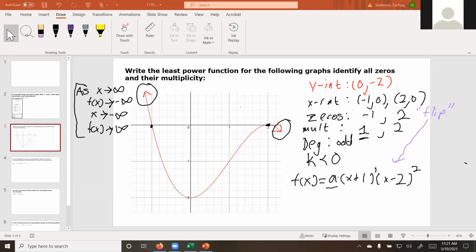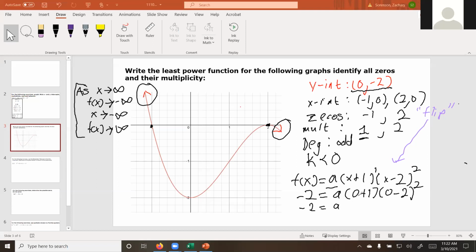Yep. So I know my y-intercept is 0, -2. So my y is -2. I'm trying to find my a, so plug in 0 for my x. James is the king of plugging stuff in. Thank you. Yeah, absolutely.